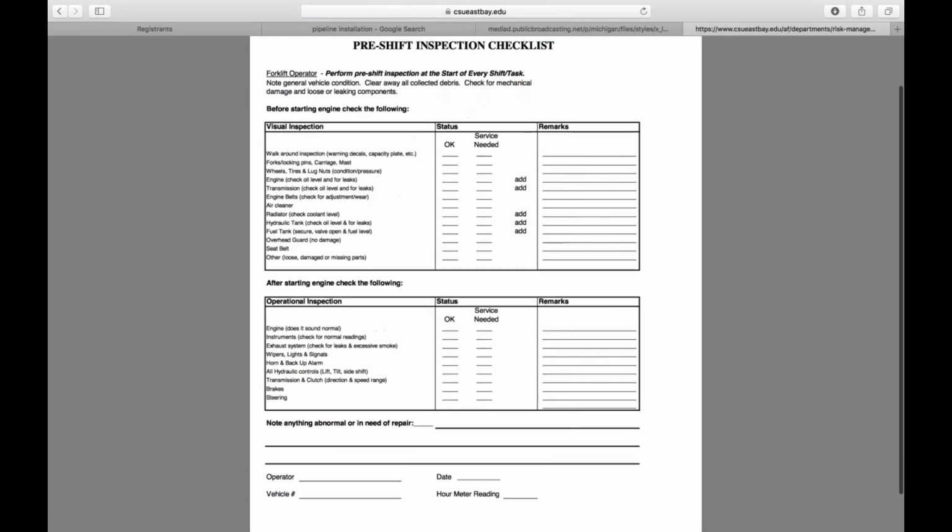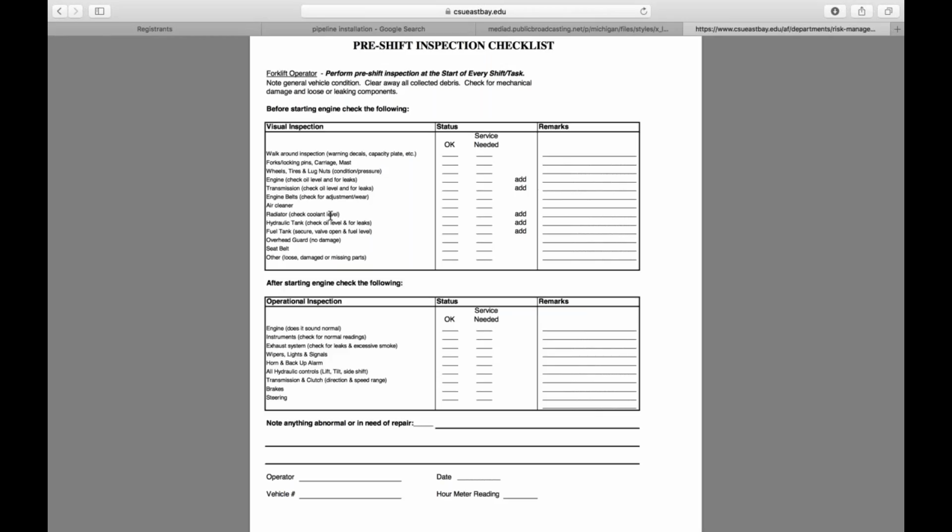In a forklift inspection, we can take all this information here, take this form, take what's in the visual inspection, and then we can basically convert that into a behavioral based observation, right?